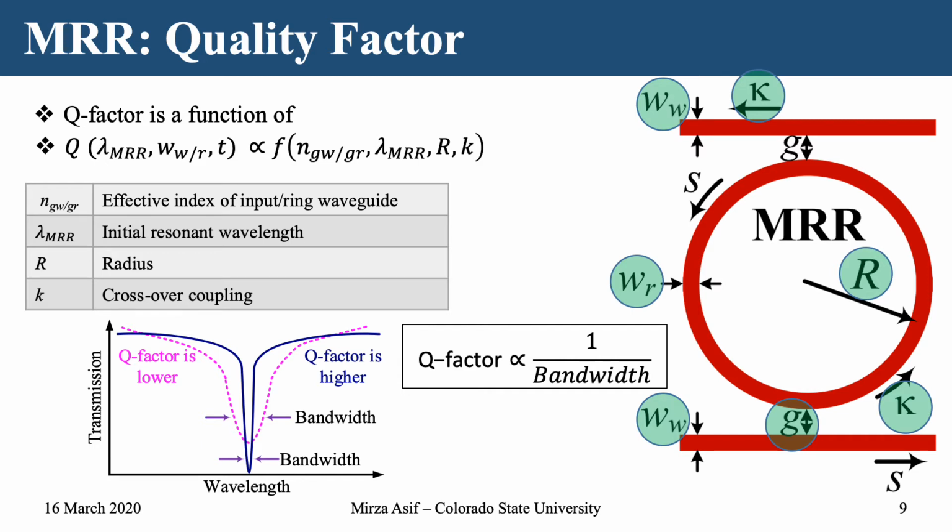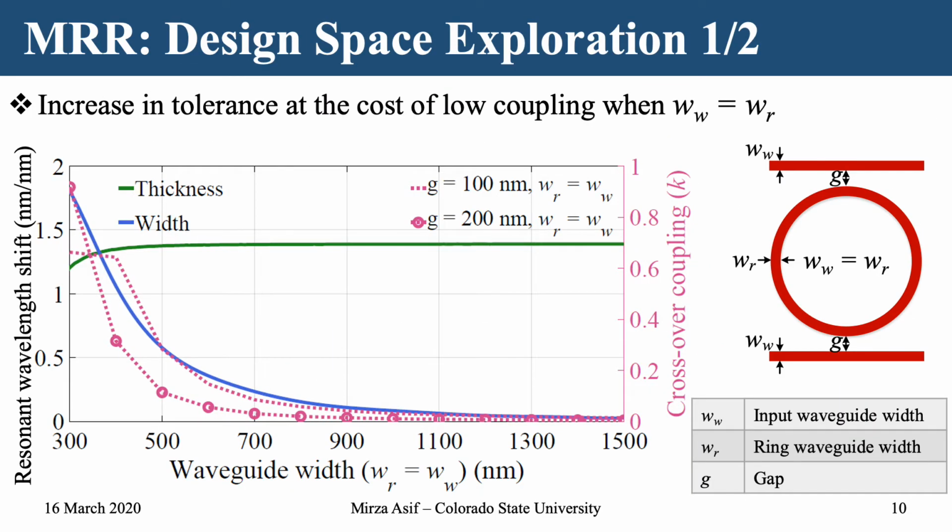A higher bandwidth signal can lead to lower quality factor, which is not desirable since it can lead to error in detection of the signal, and a very high Q factor can lead to tuning of the signal at a very particular frequency so that the output can't be detected. Hence, it's critical to have a desirable Q factor which can make reading the signal at the output easier. This is how we propose the design space exploration.